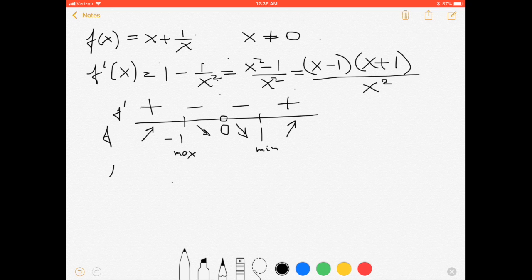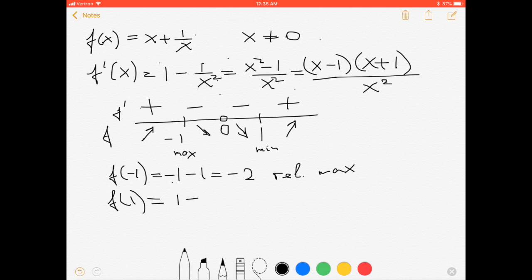The value of the function at negative 1 is negative 1 minus 1, which is negative 2, and this is a relative maximum. The value of the function at 1 is 1 plus 1, which is 2, and this is a relative minimum.